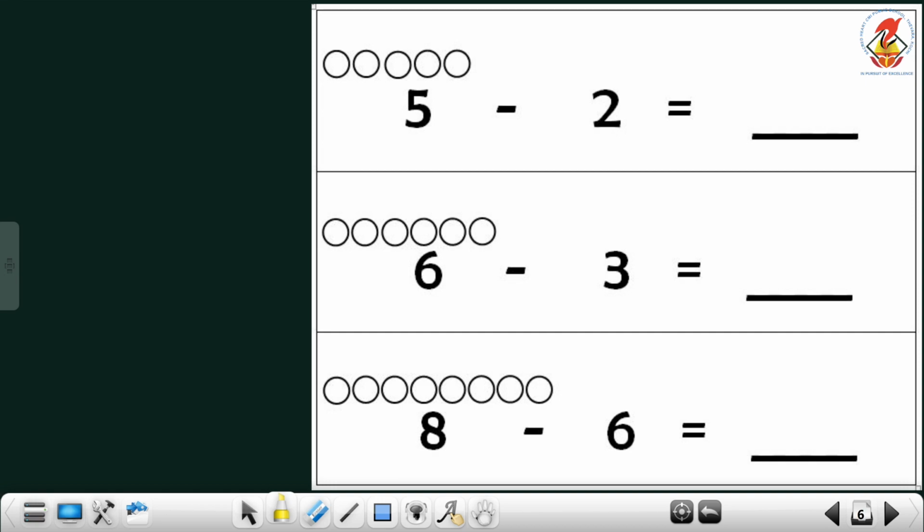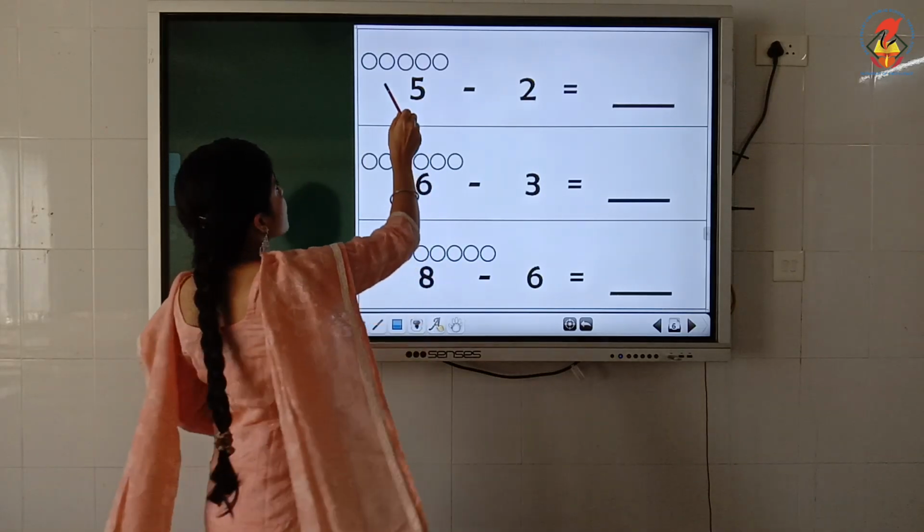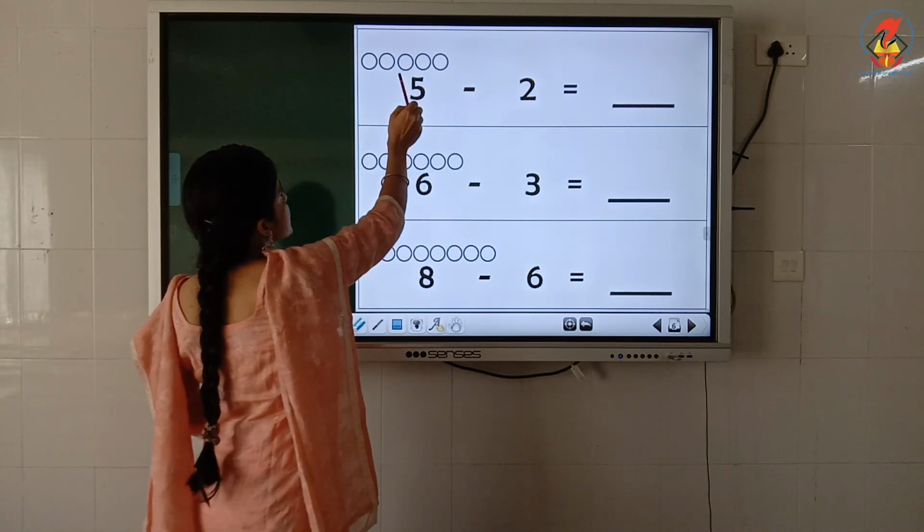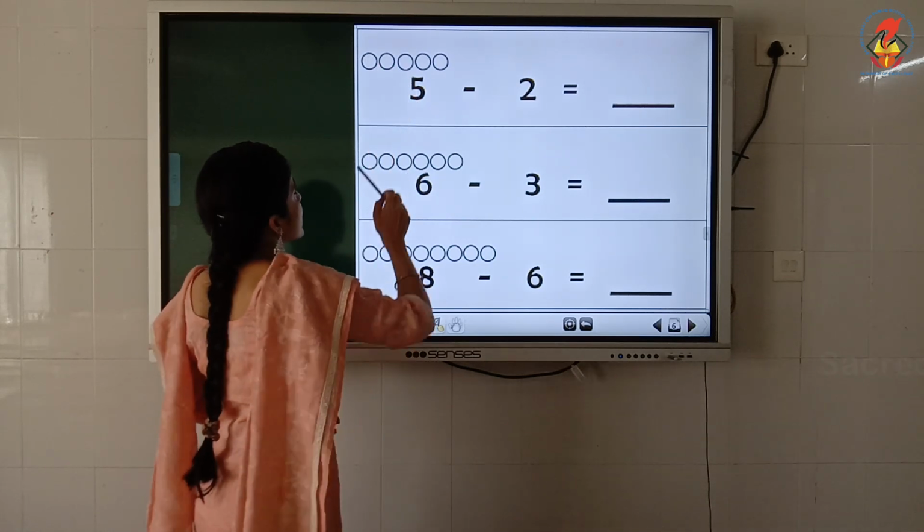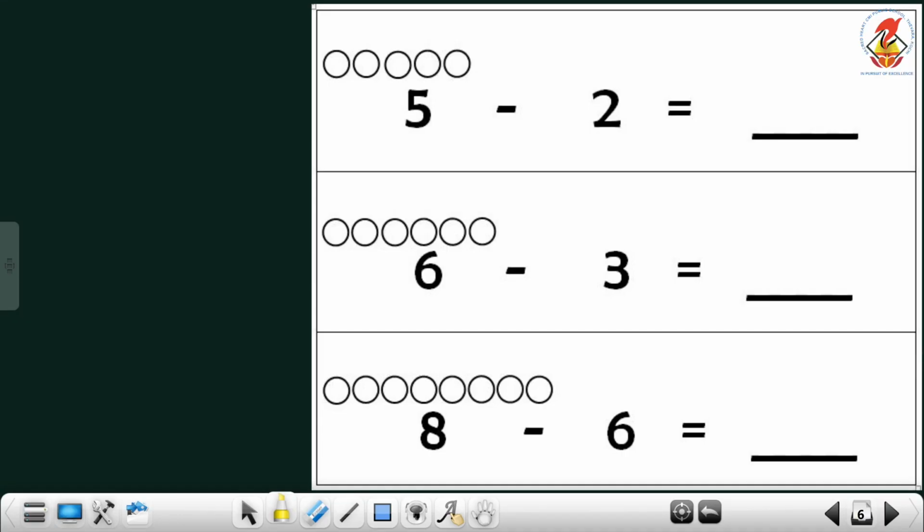In order to find out this, you have to draw 5 circles on top of 5. Here it is already drawn for you. Then you have to take away 2 from 5. So how do we do it? We have to cross out 2.